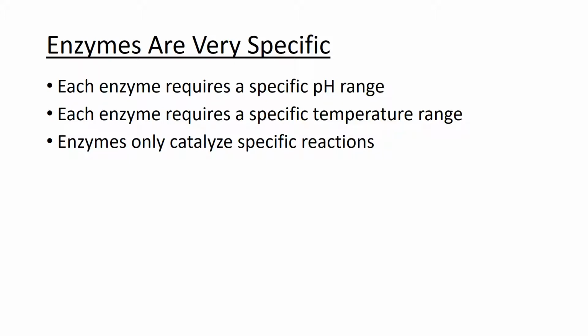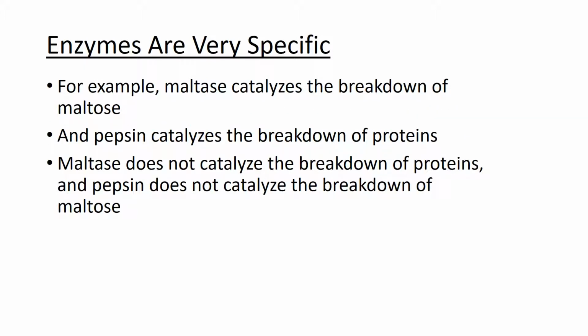Well, enzymes are very specific. Each enzyme requires a specific pH range. Each enzyme requires a specific temperature range. And enzymes only catalyze specific reactions. For example, maltase is an enzyme that catalyzes the breakdown of maltose, a carbohydrate.